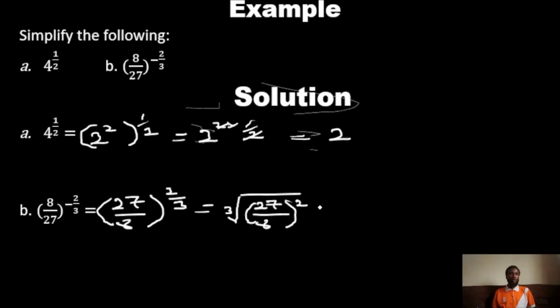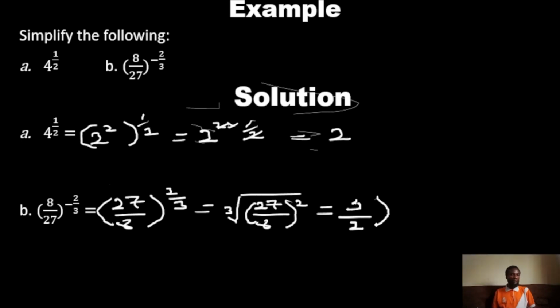So what is the cube root of 27? That would be 3, because 27 can be expressed as 3 times 3 times 3. So the cube root of 27 is 3, all over the cube root of 8, which is 2 times 2 times 2, so that will be 2.